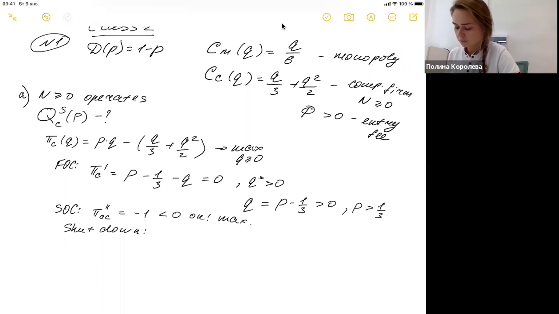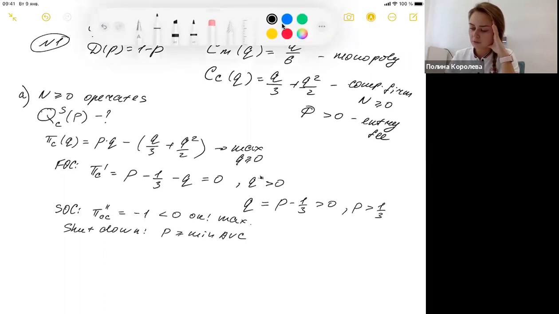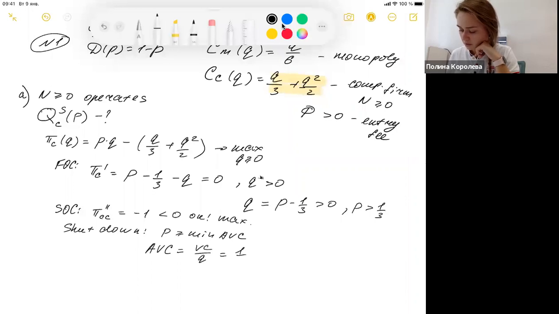Shutdown, you know, yes, for competitive firms, price should be greater or equal than minimum of average variable cost. Yes, here we have only variable costs. Yes, in our cost function, only variable costs. So average variable costs will be variable costs over Q. This is 1/3 plus Q over 2.